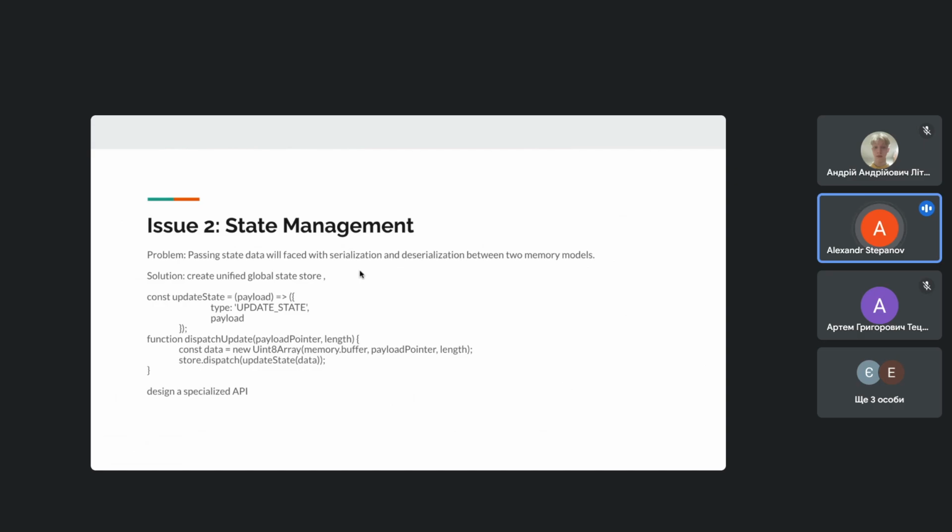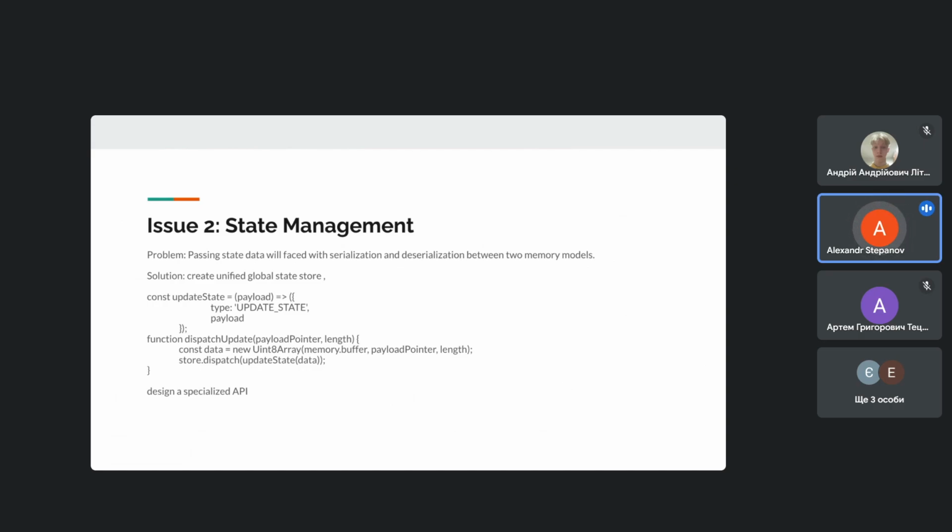Another problem is state management, because when transferring data between WebAssembly and JS we will face serialization and deserialization between two memory models. We have two approaches to avoid this.